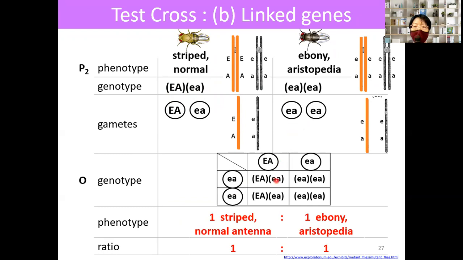The outcome is, you can see that these two are striped and normal. These two are ebony and aristopedia. So that means the offspring phenotypic ratio in a test cross between heterozygous dominant and homozygous recessive in linked genes will be a 1:1 ratio.